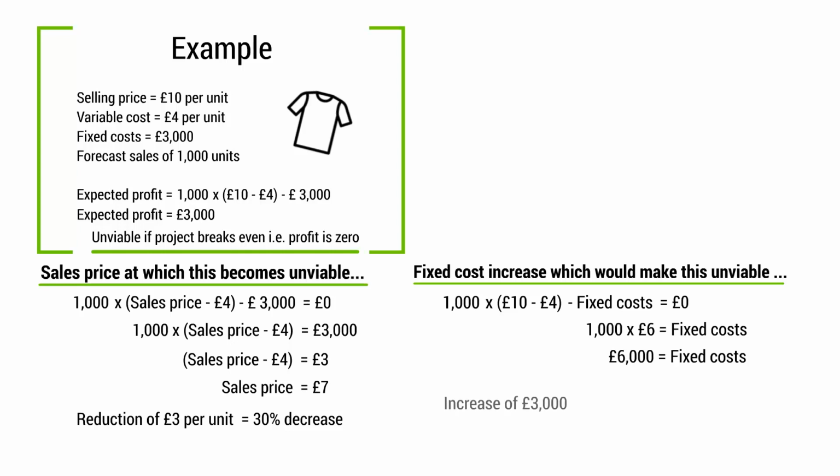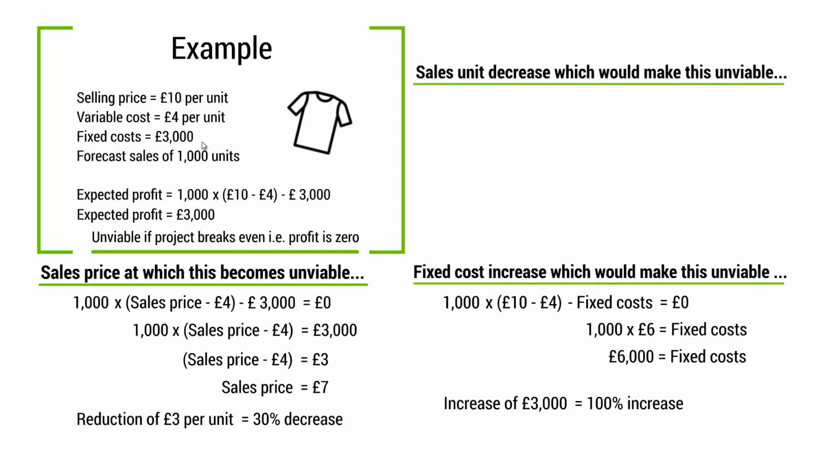And as before, we can work out the increase as a percentage. So an increase of £3,000 is a 100% increase because fixed costs were originally £3,000. So if fixed costs double, then the project will be unviable. So it's perhaps a lot less likely to be affected by fixed costs. They're going to need to actually double before the project becomes unviable.